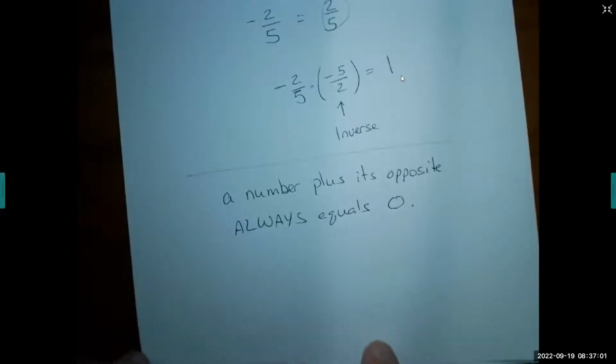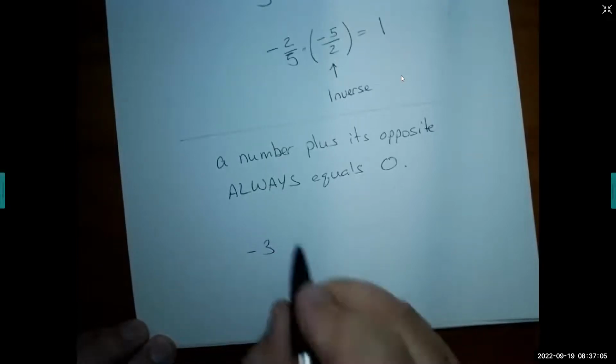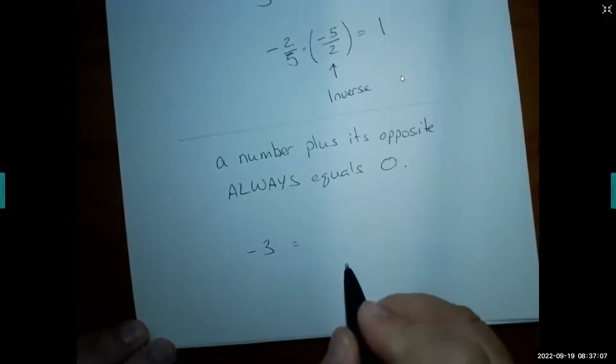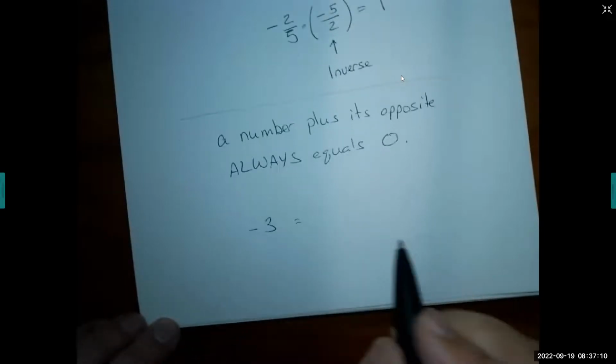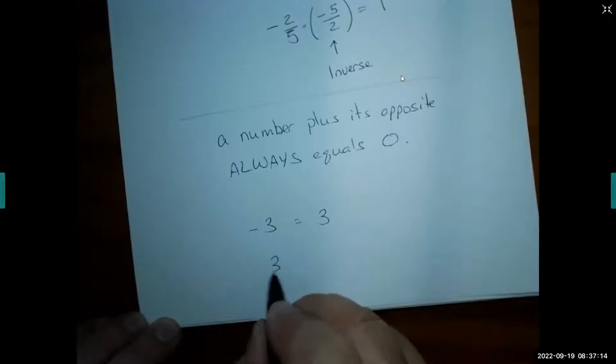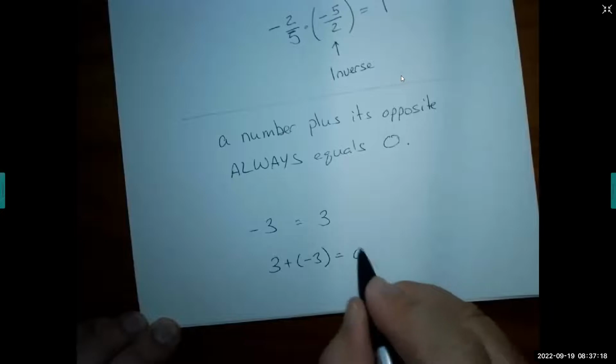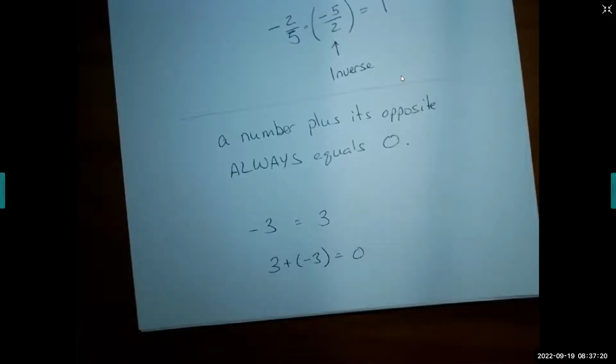So this is how you test. If the question is asking, find me the opposite of this, what's the opposite of -3? 3. If I add 3 plus -3, it has to equal 0. If it doesn't equal 0, it's not the opposite.